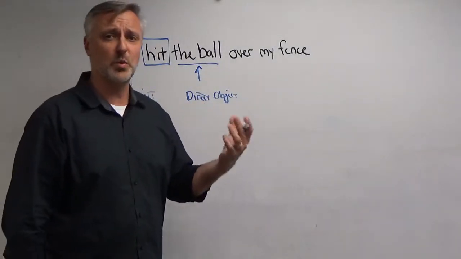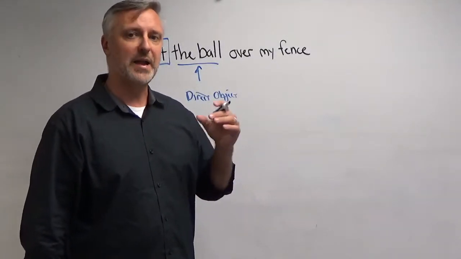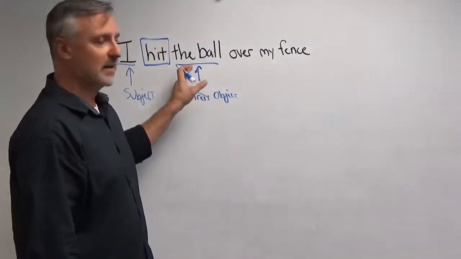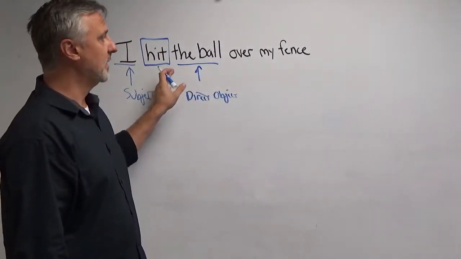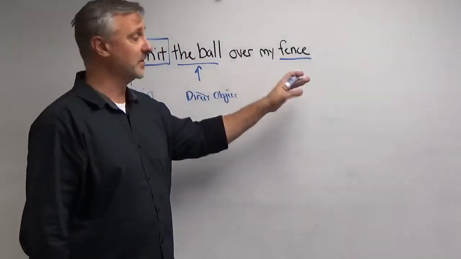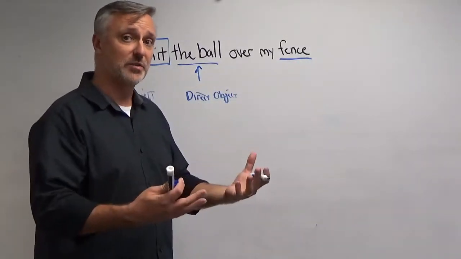And then we have what we call the indirect object. That's something that is affected by the action of the verb, but indirectly. The ball is directly affected by the action of the verb "hit," but in "I hit the ball over my fence," the fence is the indirect object. It's receiving some of the action, but indirectly.